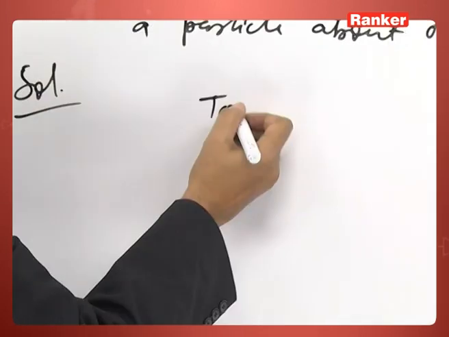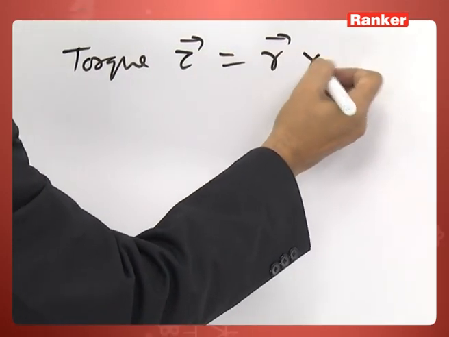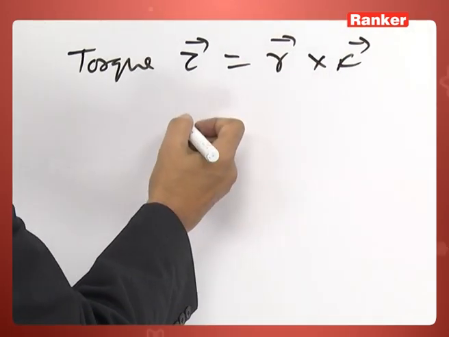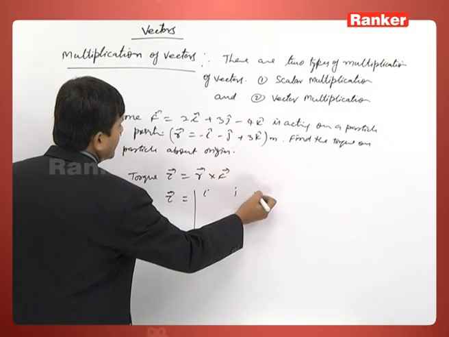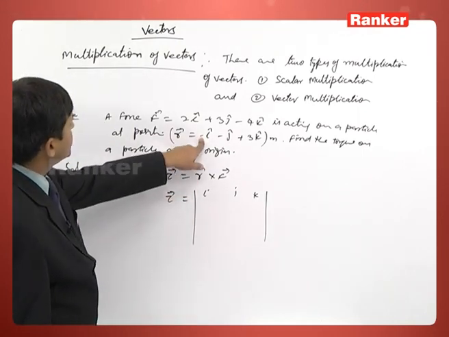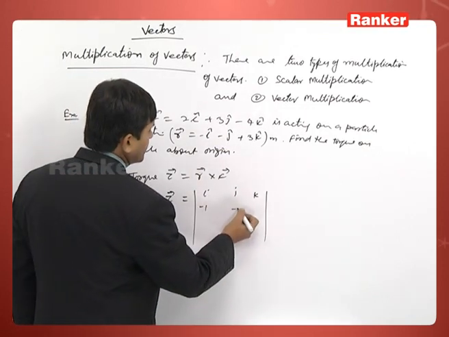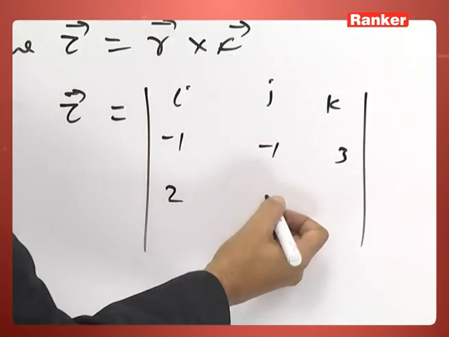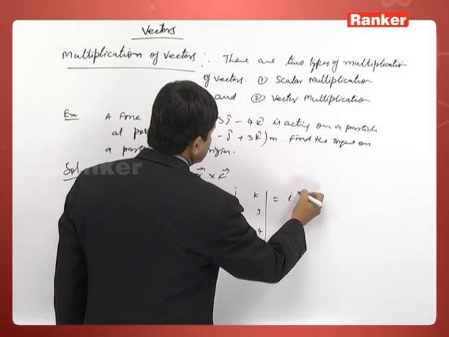As we know, torque tau is defined as R cross F. So substitute the values here. Directly we can use the ijk vector form here. R means coefficients minus 1, minus 1, 3. F is 2, 3, minus 4. This is the meaning of torque. Then we will simplify.